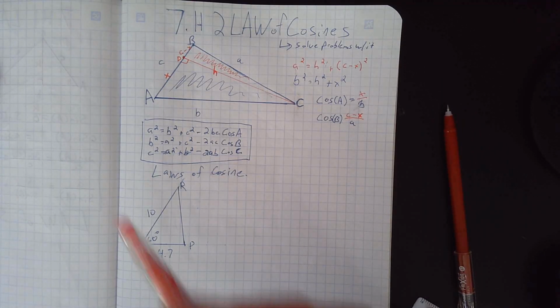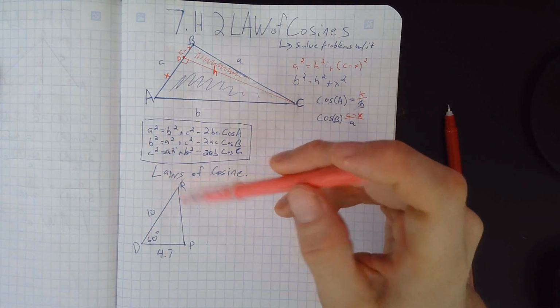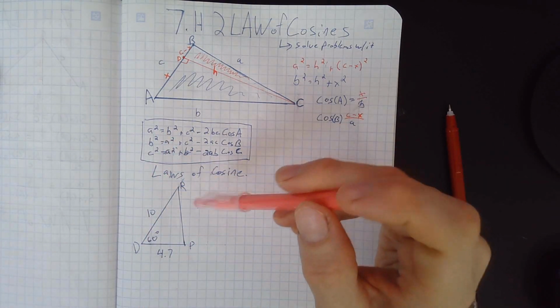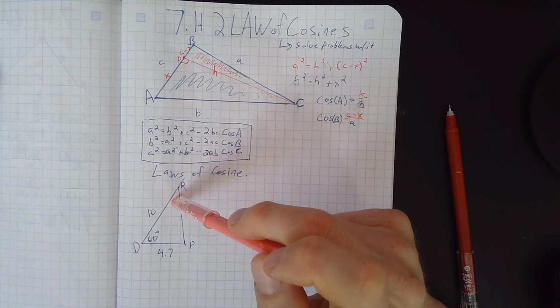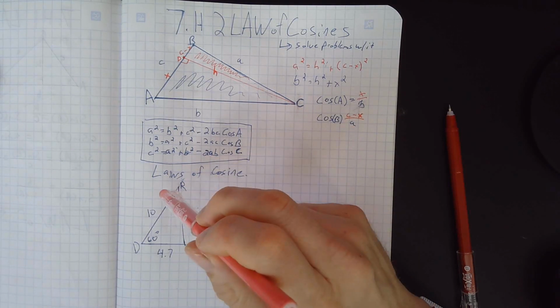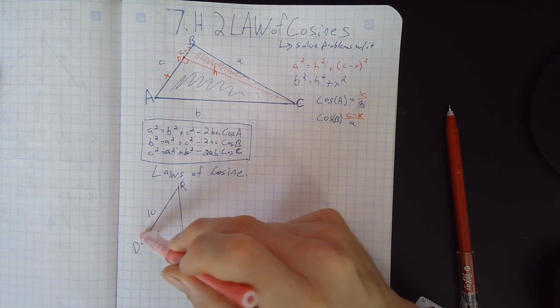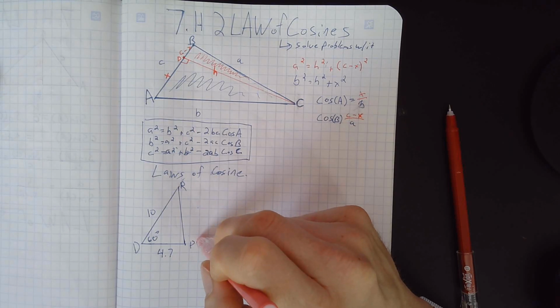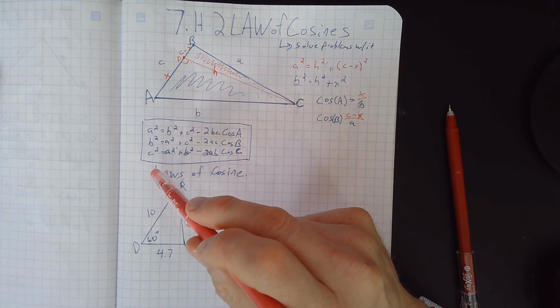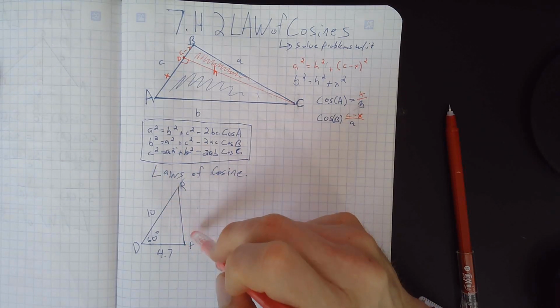All right, so the question that was given to me is: triangle DRP, D equals 10, line segment DP equals 4.7, and the measure of angle RDP equals 60.